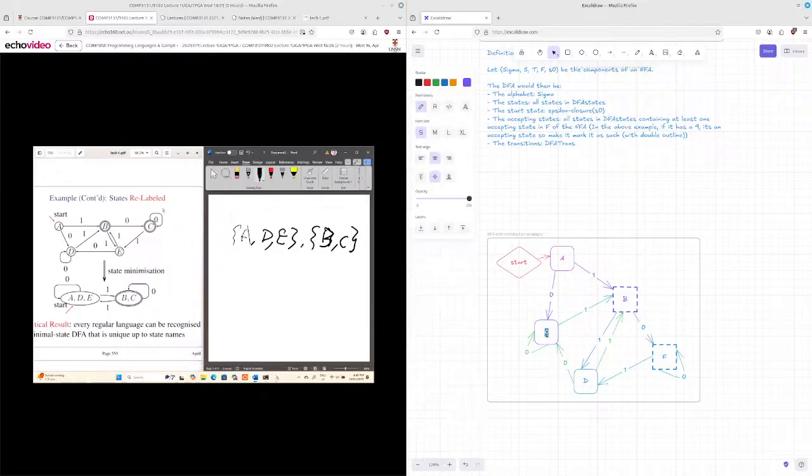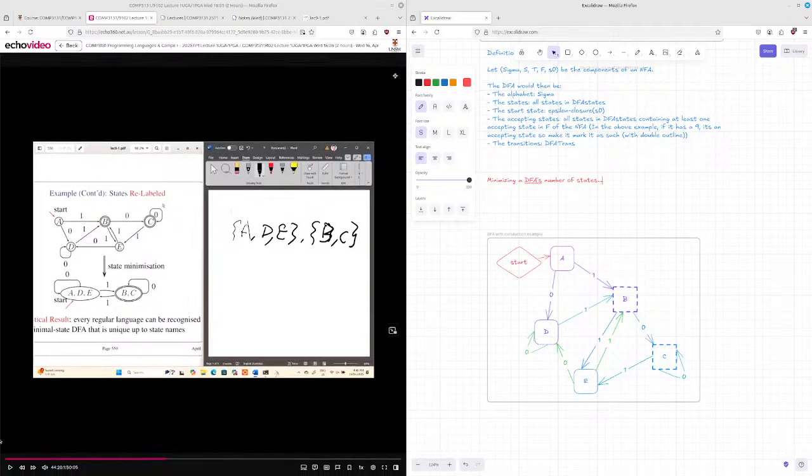You call this D. You call this C. And this one you call this E. So in the minimum case, you need to have just two states in an equivalent DFA.